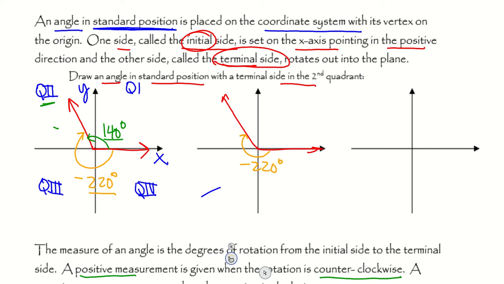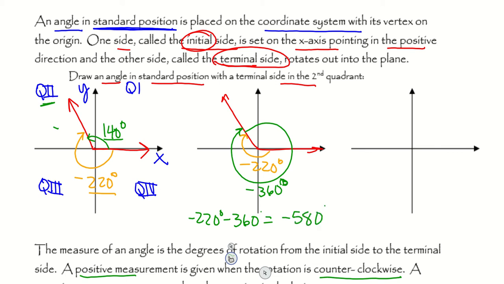If I take that rotation and extend it, picking up from where I ended and going around another 360 degrees clockwise, I have another negative 360 degrees. Then I take my negative 220 degrees, subtract 360, and end up with negative 580 degrees. That negative 580 degrees is coterminal to my negative 220 degrees.